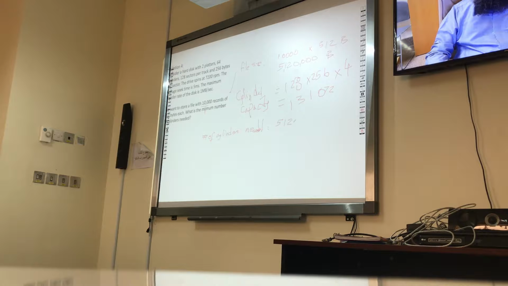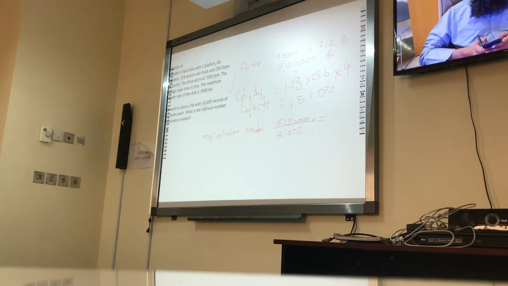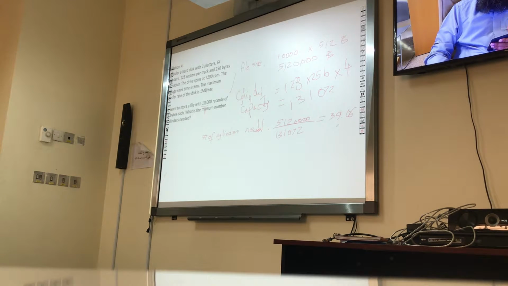Divide, yes. 5,120,000 divided by 131,072 comes out to be 39.06 cylinders. So approximately you need 40 cylinders, okay? Approximately 40 cylinders are needed. All right, very good.